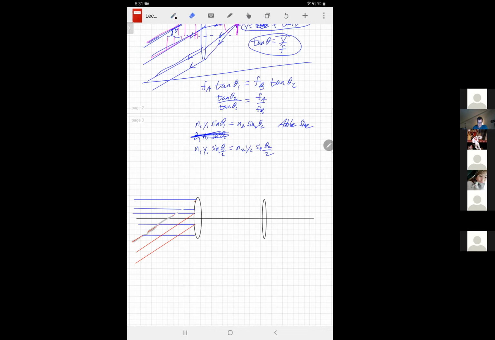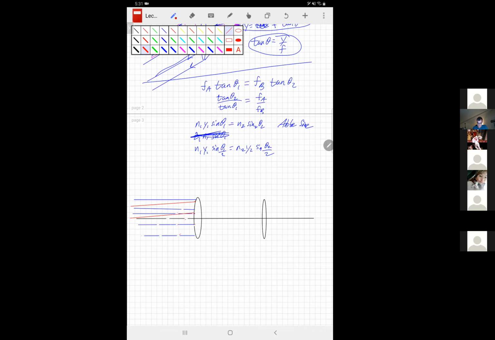I was trying to illustrate the wrong point. Usually I exaggerate angles to make a point, but what I really should have done is let's make these rays much closer to each other, much less off axis.